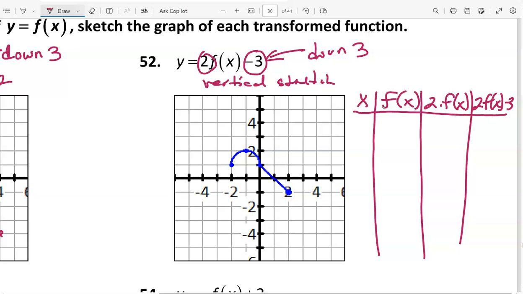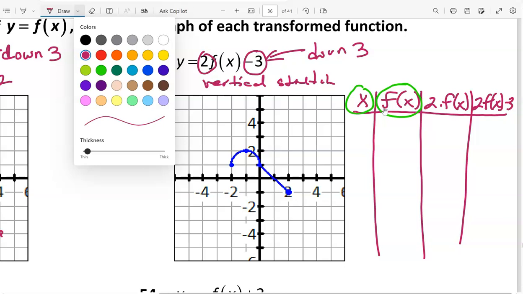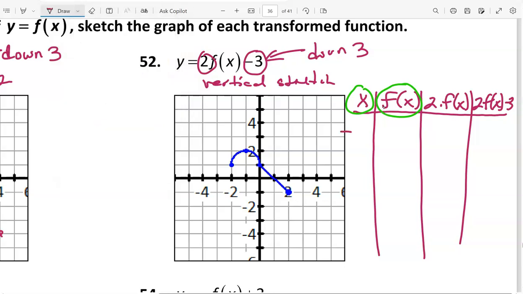And our input and output values are in this first pair of columns here, x and f of x values. So there we can put the original points for the function, -2, 1, -1, 2, 0, 2, 1, 0, and 2, -1.